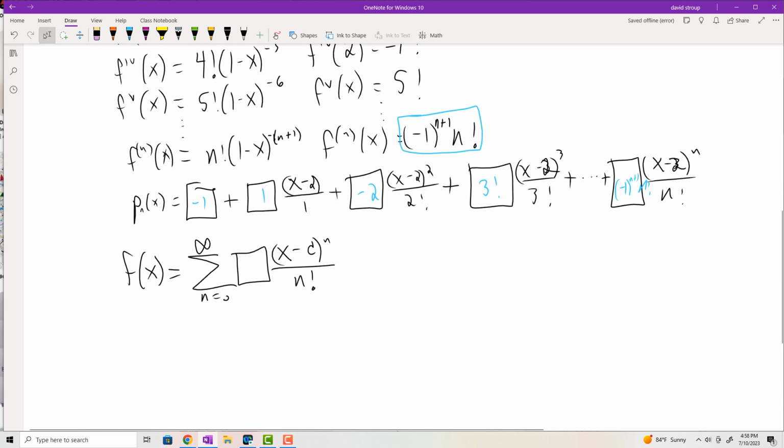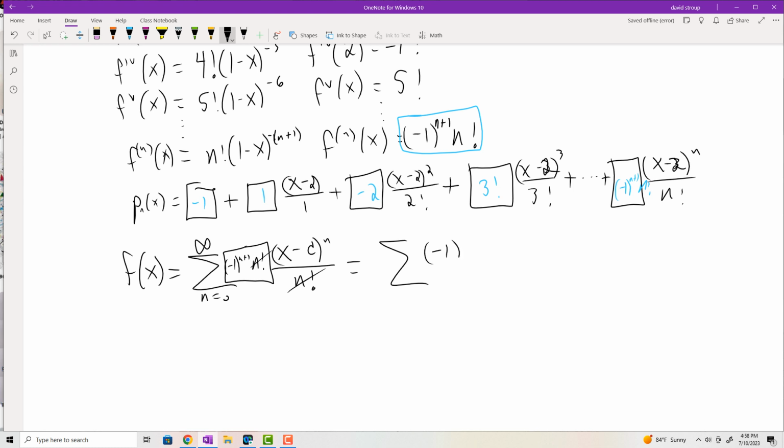Okay. So right here in this box, which I've made too small, I'm going to be putting negative 1 to the n plus 1 times n factorial, and plugging in, simplifying, the n factorials will cancel.